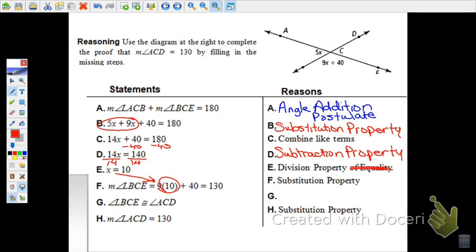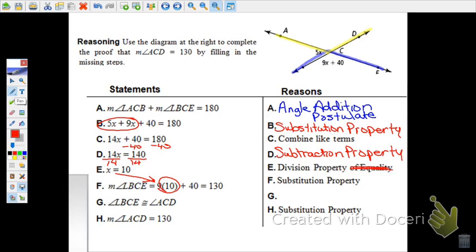Letter G says that angle BCE is congruent to angle ACD. If I look at my picture and look at those two angles, angle BCE is the blue angle. Angle ACD is the yellow angle.